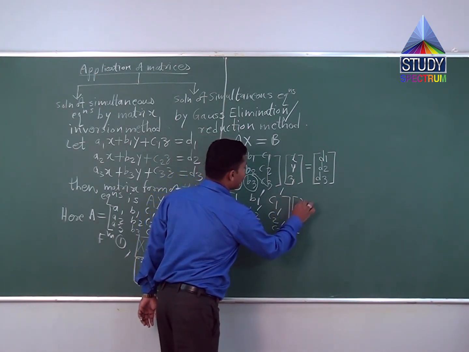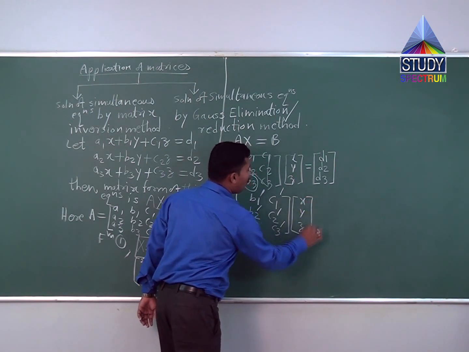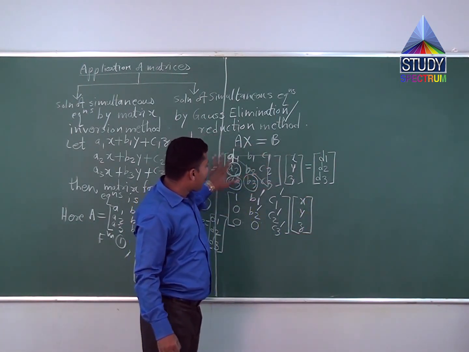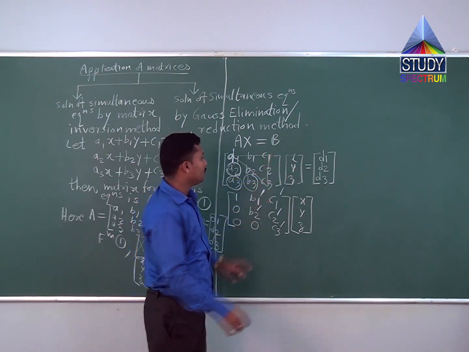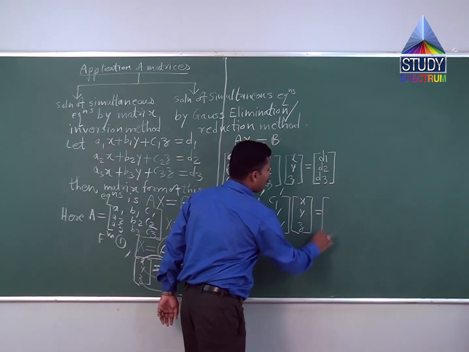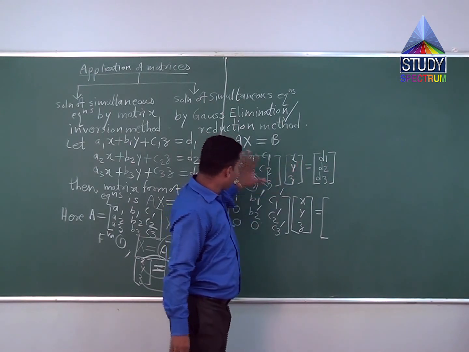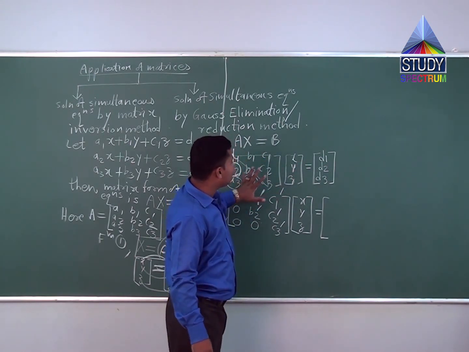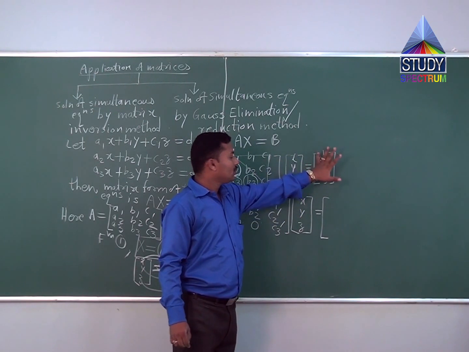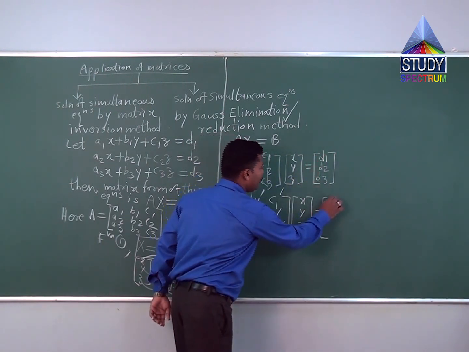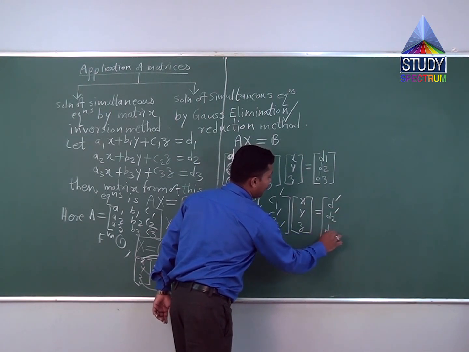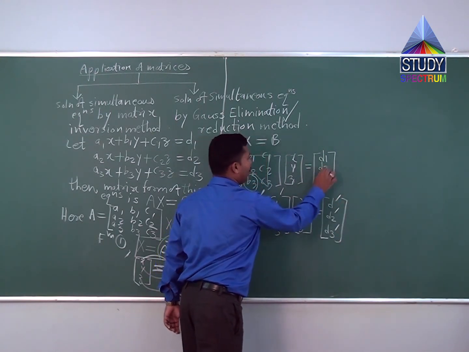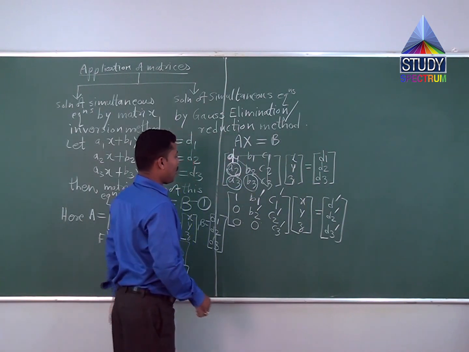Into this XYZ as it is, no row transformation is operated on XYZ. Operations made on this part are the same as those made on the right hand side, so D1, D2, D3 will change to D1 dash, D2 dash, D3 dash.